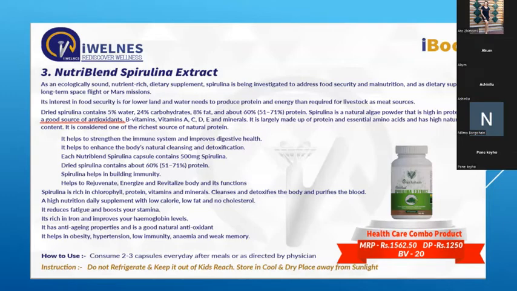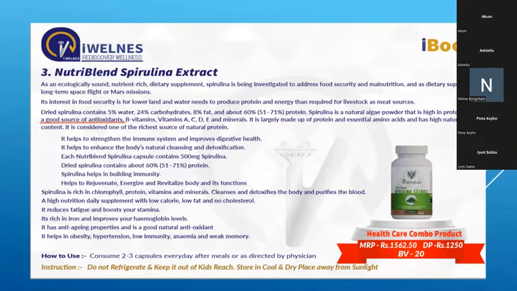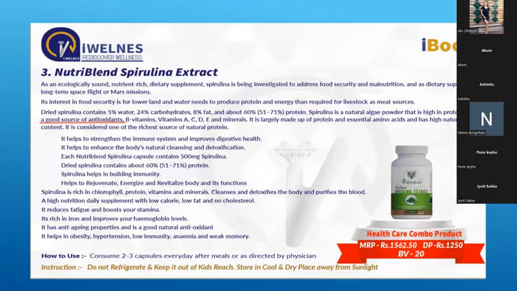So I told you it is equivalent to 1 kg of mixed fruits and vegetables. Other market spirulina is a quarter kg, that is 250 grams of mixed vegetables and fruits. What do you mean by that? One small apple itself will be 250 grams.